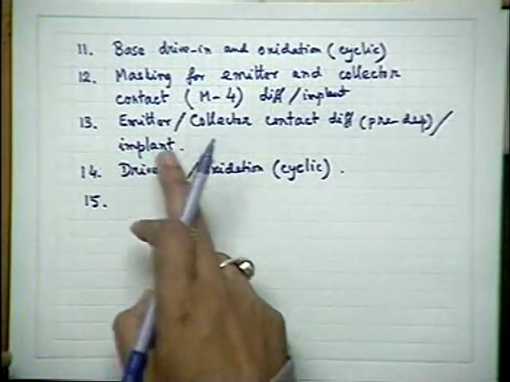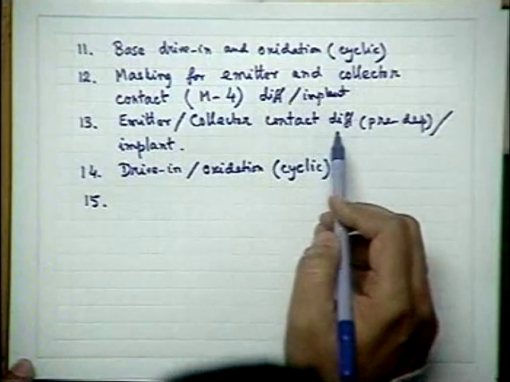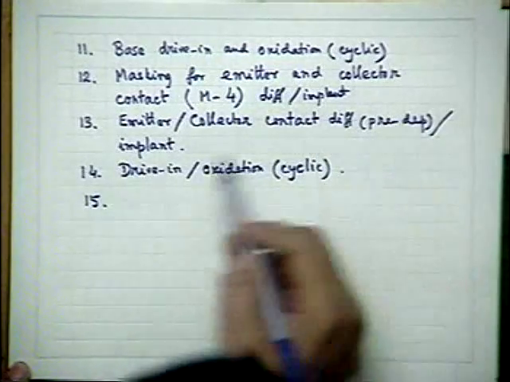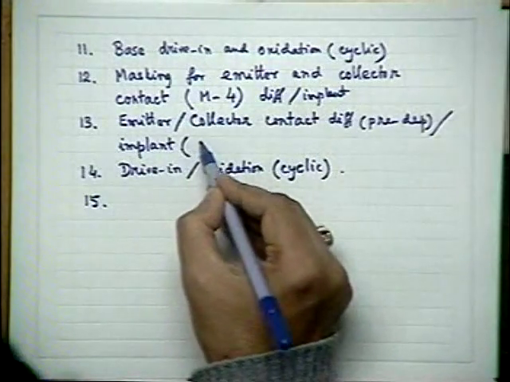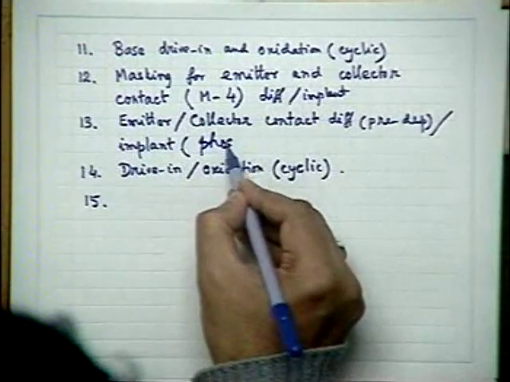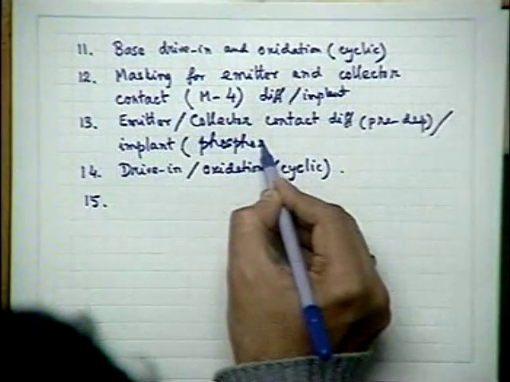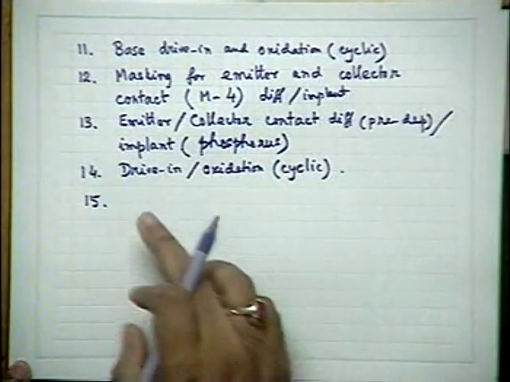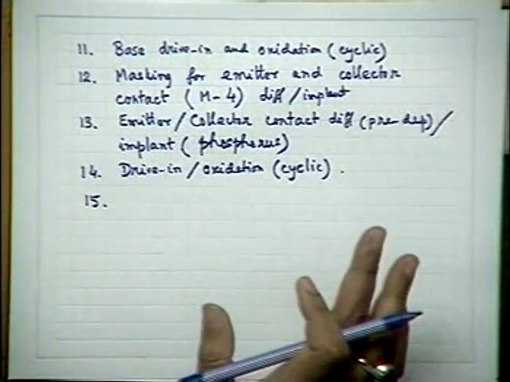Same thing as before. After the emitter and collector contact, you diffuse either using pre-dip or do implantation. This is normally phosphorus. Thereafter, you do some drive-in and oxidation combined.